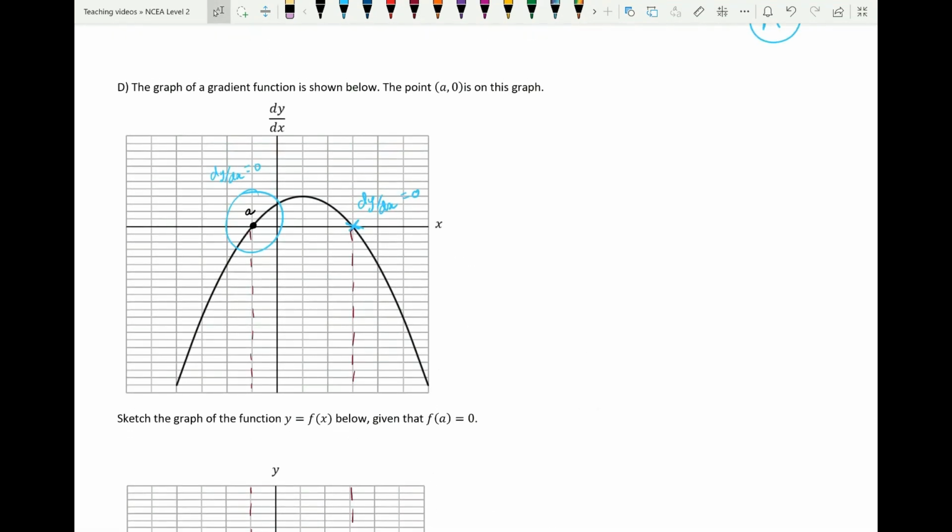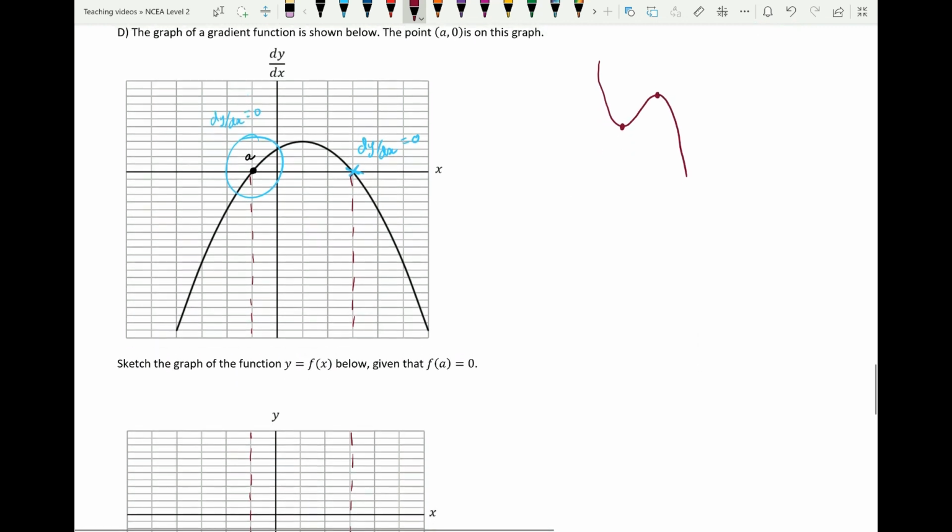Now, we can figure that out though. Again, it's nice to do a sketch first so we can visualize what's going to happen. So this is a negative parabola, our gradient function. So if you integrate that, it's going to be a negative cubic, which will look something like this. So the first turning point will be a local minimum, and the second one will be the local maximum.